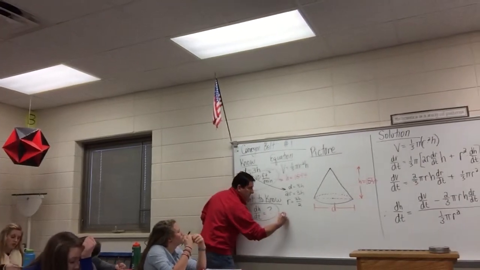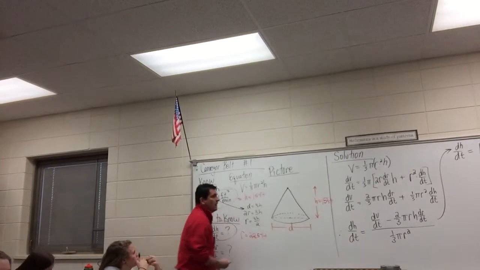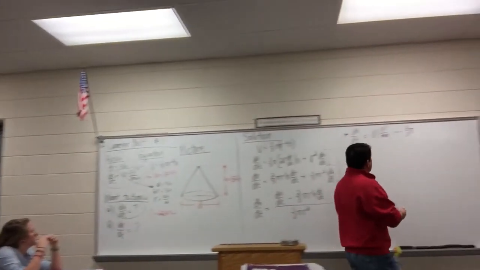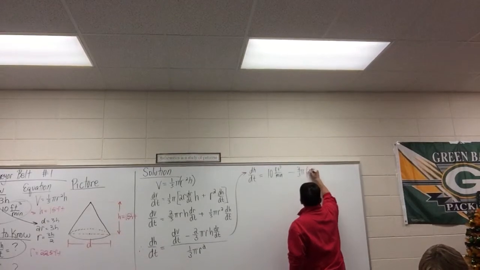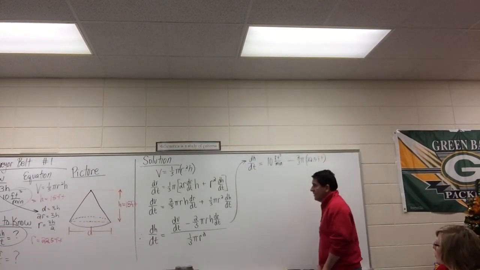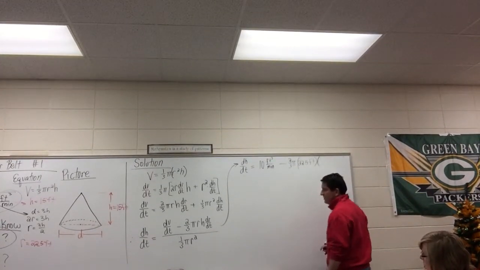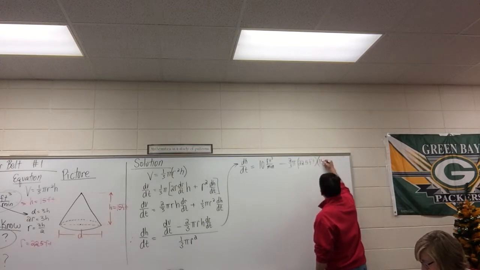So the radius is 22.5 feet. Okay, so that one we got down. What's next? h is 15 feet.